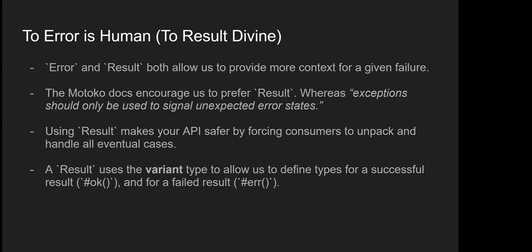And quoting the docs, exceptions should only be used to signal unexpected error states. So when you're sitting down and designing your program, writing your program, it's a good idea to either at the outset or while you're building the program up, start to categorize all of the different errors that could occur.